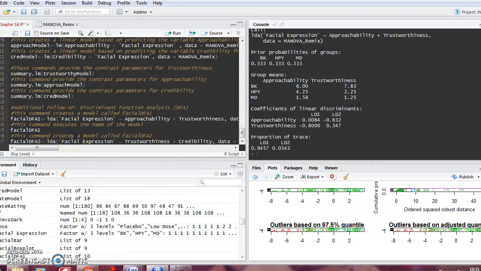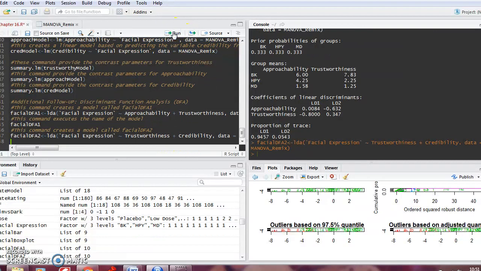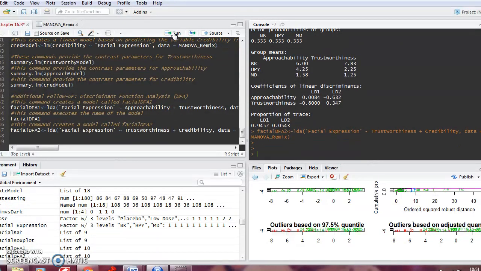The next one that we're going to do is create a facial DFA model for trustworthiness and credibility. So we're going to run that, and then we're going to just type in the command.